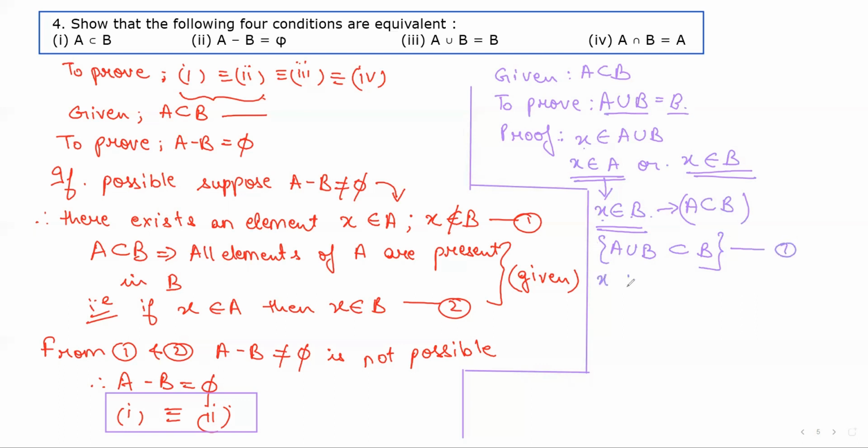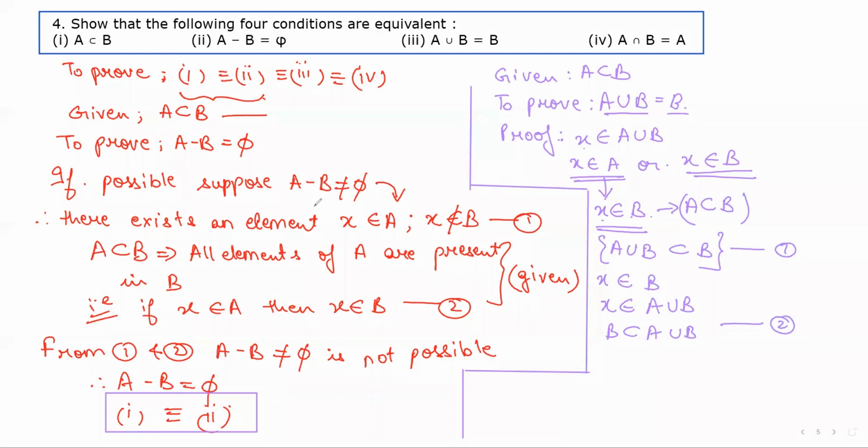Now let's consider an element belonging to B. What happens then? If the element belongs to B, then that element will also belong to A union B. Because this is by definition, right? If you have an element in one set, then uniting that set with any other set, the element will still be present over there. So definitely B is a subset of A union B. This is 2.